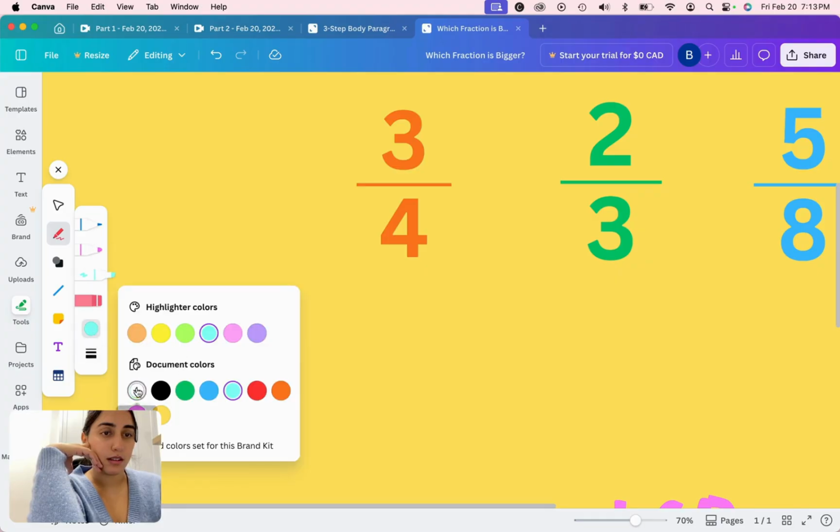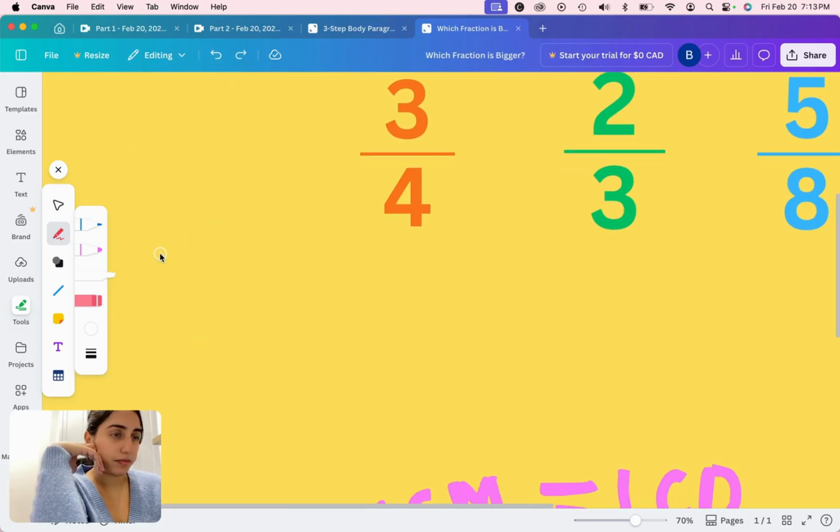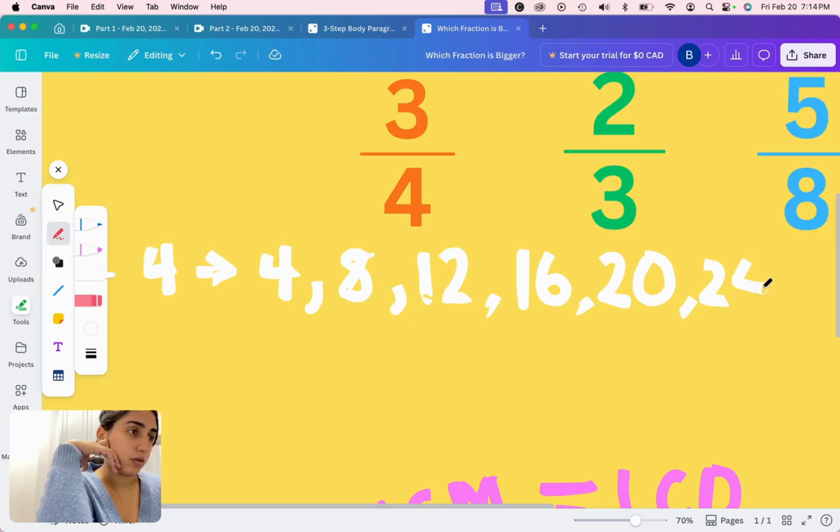Multiples of 4 are 4. 4 times 1 is 4. 8, 12, 16, 20, and 24. Now we do the same thing for a 3 and 8.